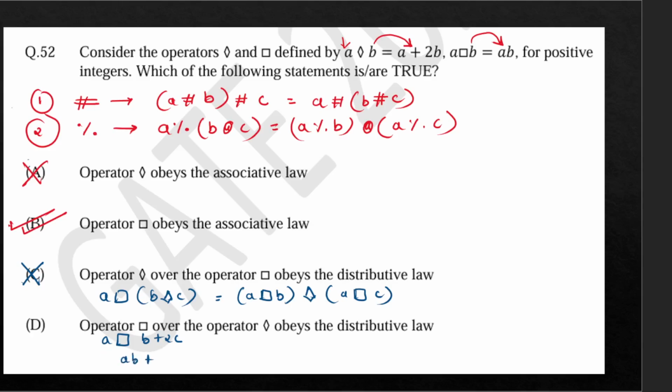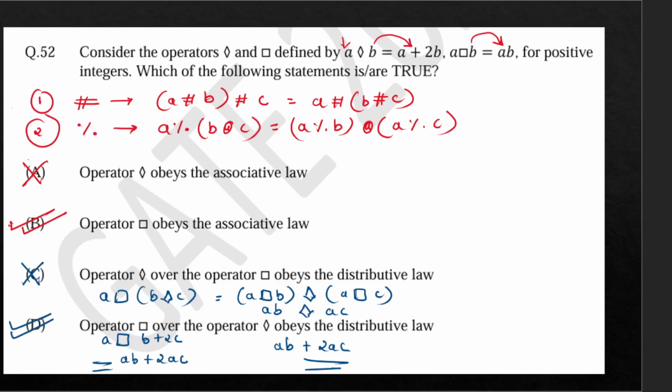So AB plus 2AC. This will be the equation we will have, right? Let's see for this as well. So this will be AB diamond and this will be AC. So again AB plus 2AC. Now you can check that they both are absolutely equal. LHS and RHS side are absolutely equal. They are not different. So here D is the correct one.